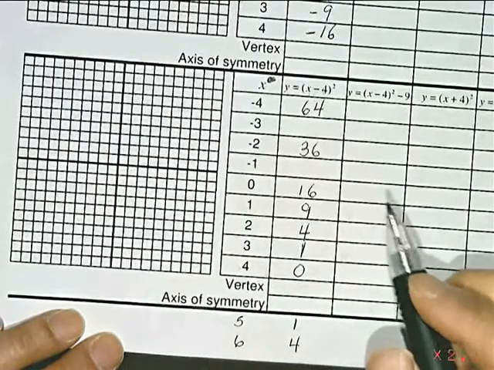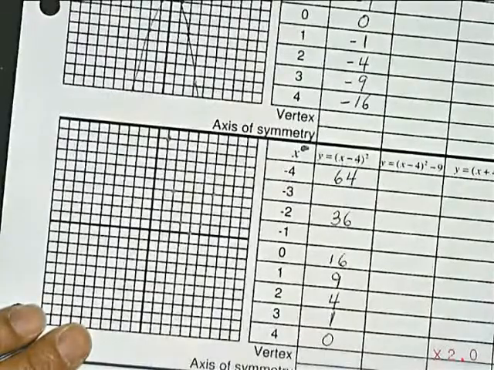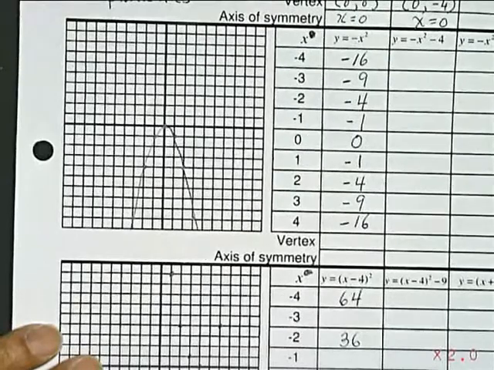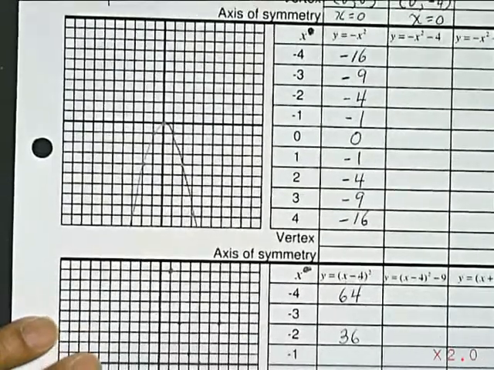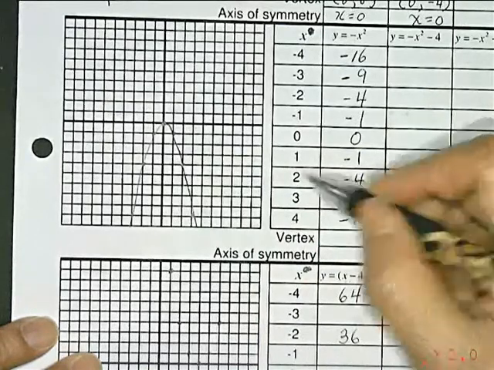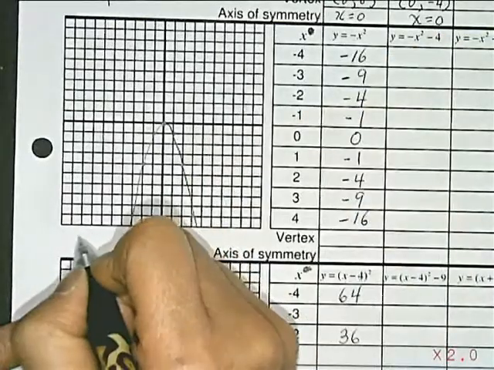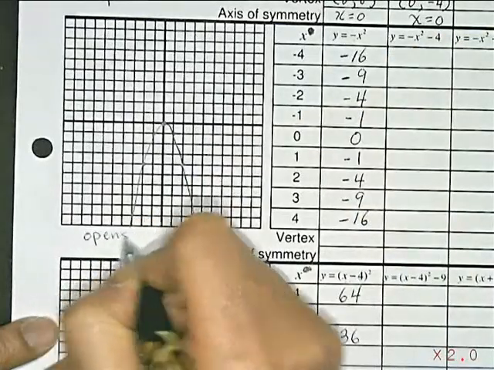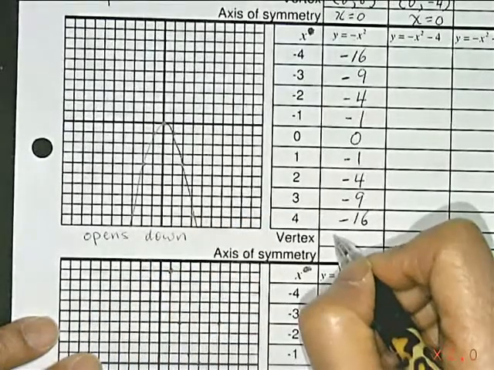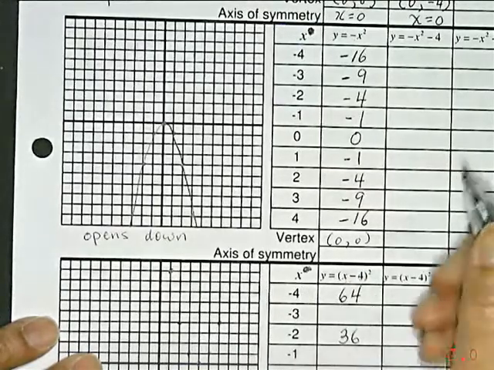Please pause your video while I graph these points. Okay, so if you have a look at this one, I've joined the points into a smooth curve, and you can see that this parabola is now upside down. So this is a parabola that opens down. Its vertex is still 0, 0, but in this case, this vertex is a maximum point.